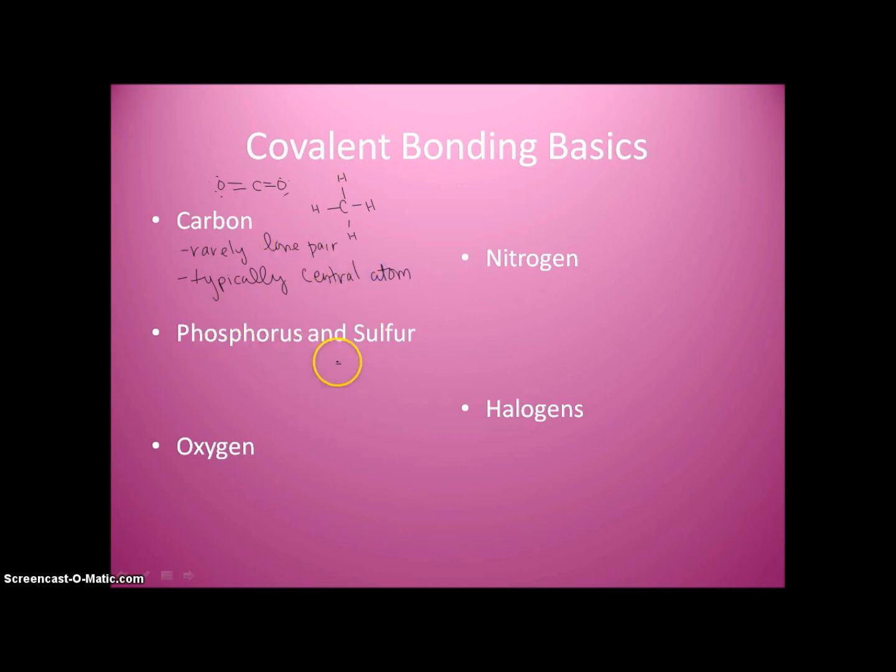If you see carbon, you know that it goes in the middle. Okay, phosphorus and sulfur, they are going to typically be the central atoms of the molecules that they're in, and they sometimes like to be part of molecules that are exceptions to the octet rule. And you saw that in the last slide when they had numerous terminal atoms that gave them more than 8 valence electrons.